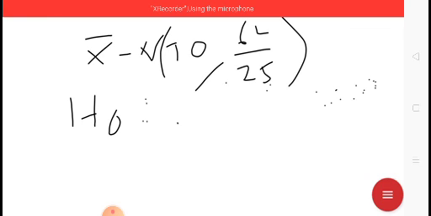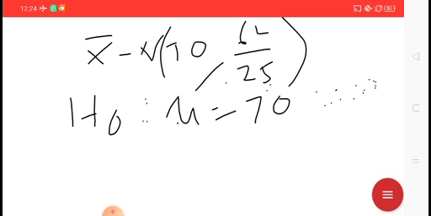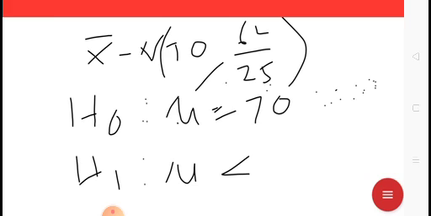The hypothesis is very simple. They just want you to test whether the mean mark is lower or not. So you put the mean is 70, the original one. But you want to check whether it is lower or not. Lower means smaller than 70. Original mean is equal, and to test lower means smaller.